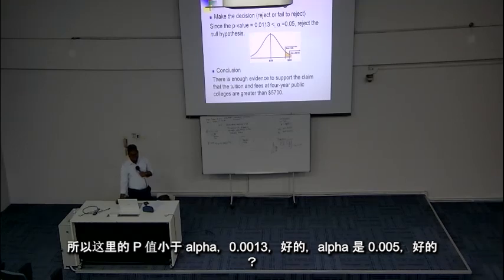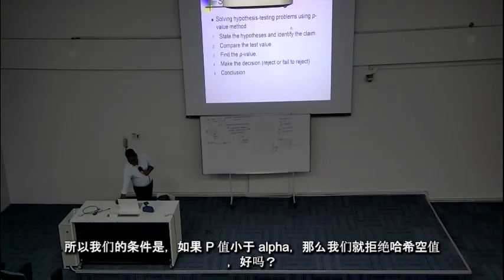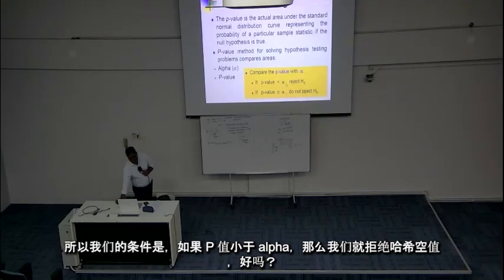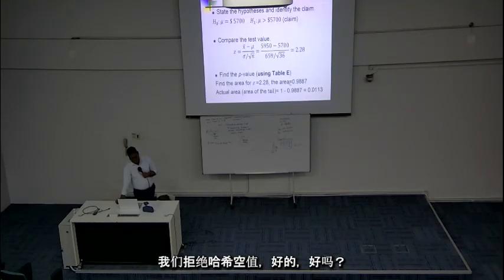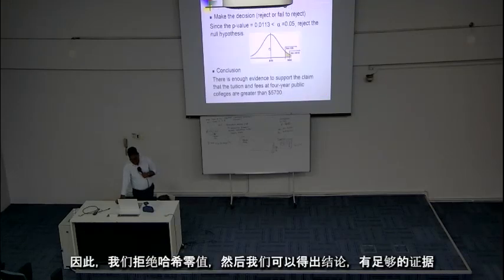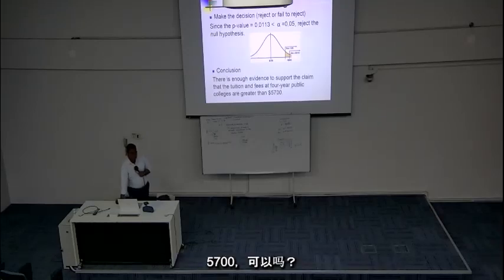So our condition is if the p-value is less than alpha, we reject the null. So we reject the null, and then we can conclude there is enough evidence to support the claim that the tuition and fees at 4-year public colleges are greater than 5700.